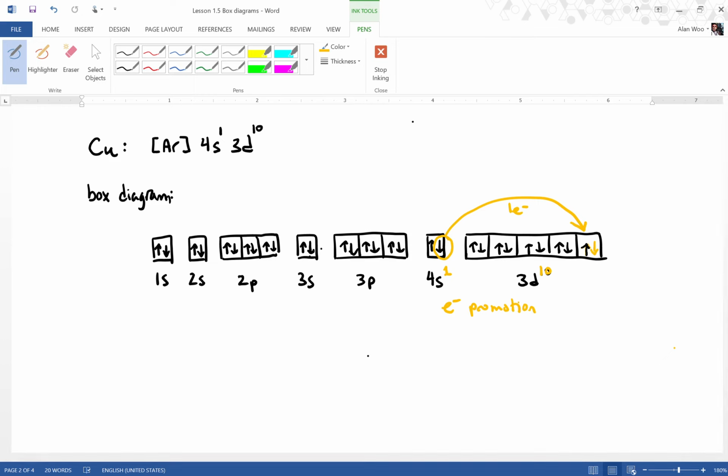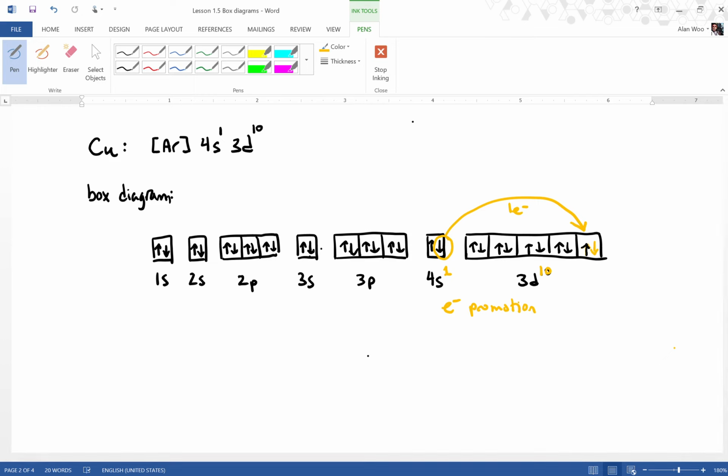If you have 2 electrons in that orbital, this would be 1s2. So instead of boxes, some use circles.